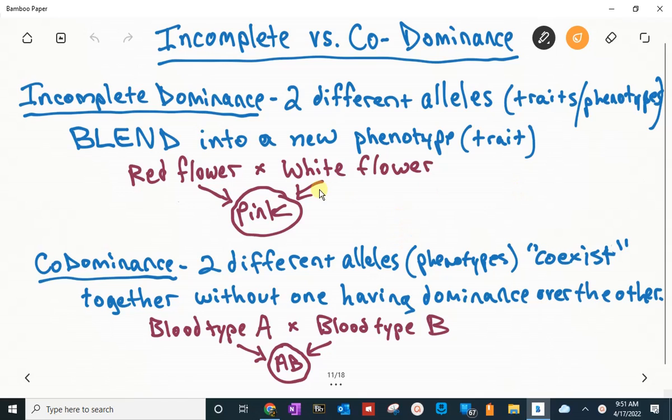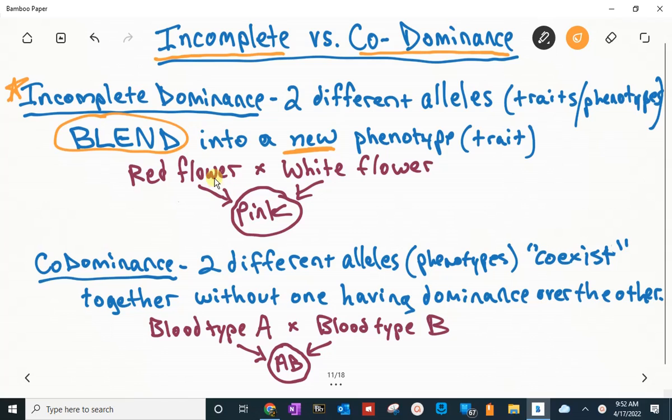Okay, so now we're on to incomplete dominance versus codominance, and it's important not to get these confused. Incomplete dominance is when you have two different alleles and they blend into a new phenotype.